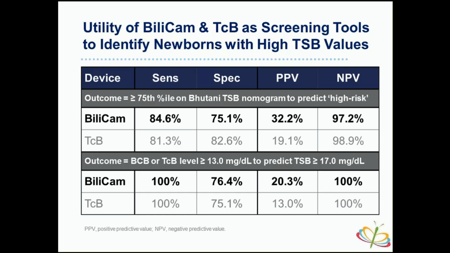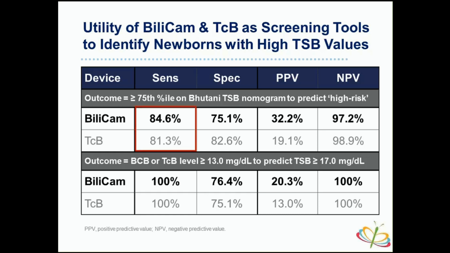The first outcome is the BiliCam or transcutaneous bili greater than or equal to the 75th percentile on the Bhutani total serum nomogram to predict a total serum bili in the high-risk zone. And the second outcome is looking at a BiliCam or transcutaneous bili level greater than or equal to 13 to predict a total serum bili greater than or equal to 17 milligrams per deciliter.